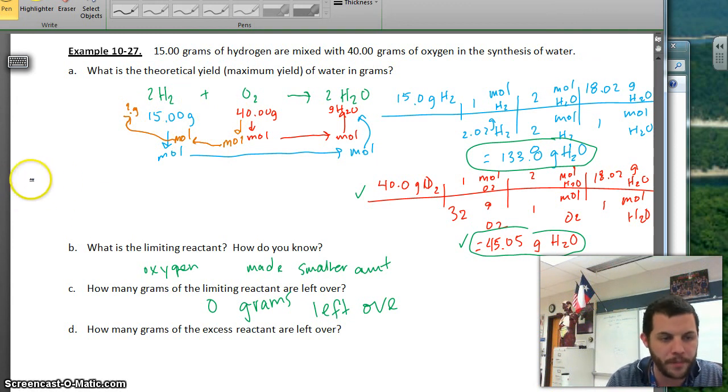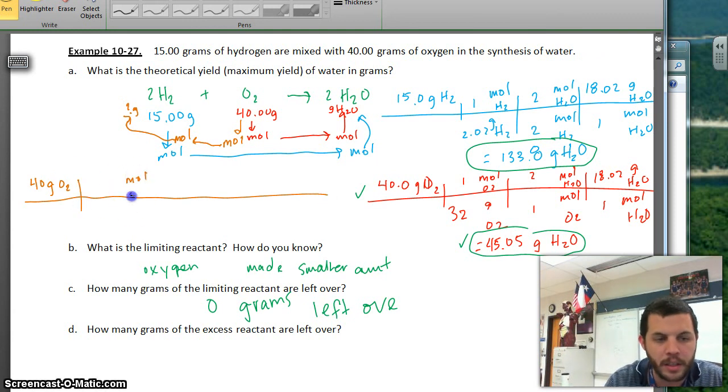So I've got 40 grams of O2, and we're going to go from grams of O2 to moles of O2, moles of O2 to moles of H2, moles of H2 to grams of H2. Bring everything down.